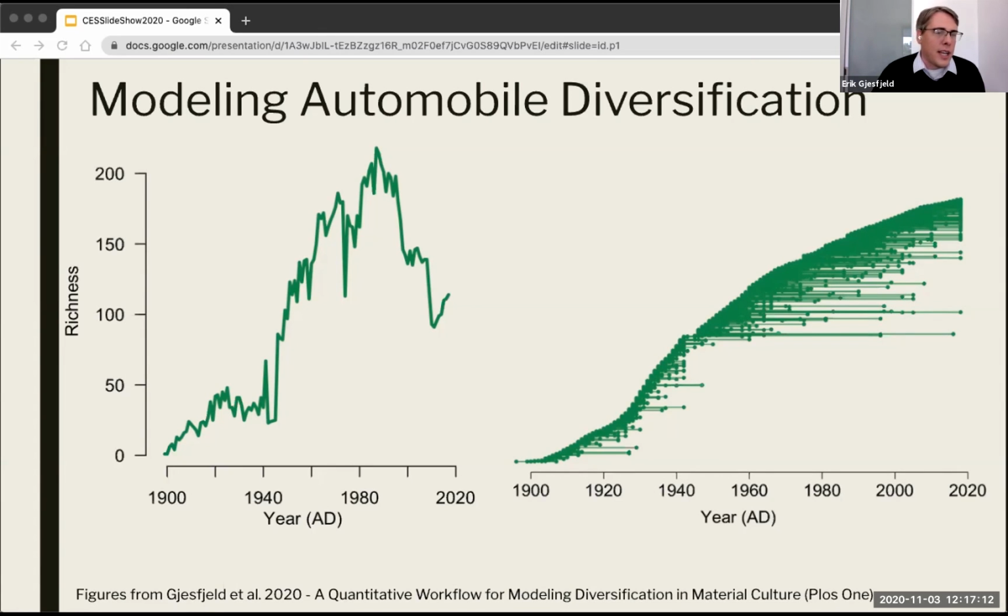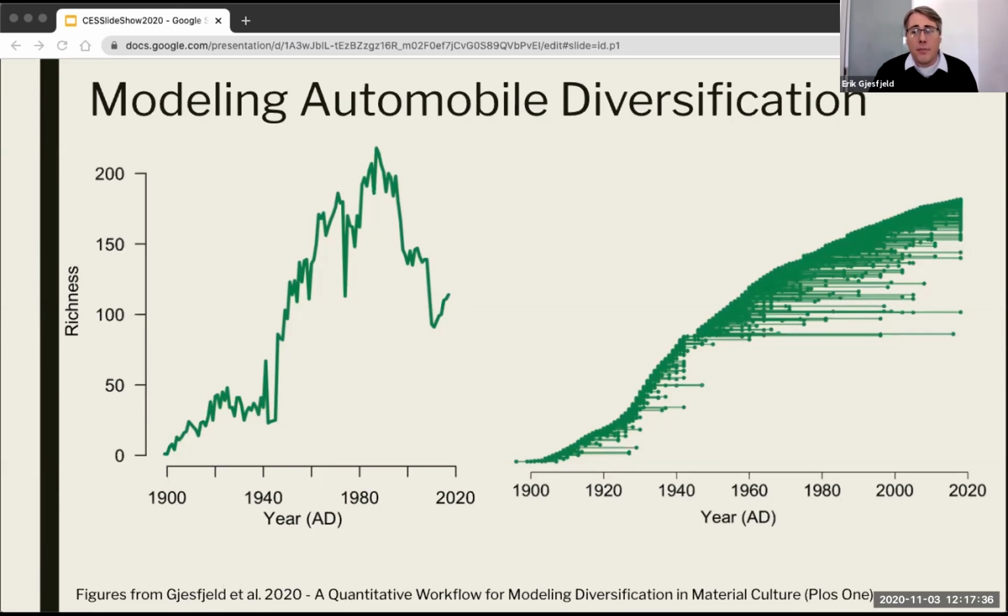So we can see here that looking at just richness, we see a general increase in richness through time, with a very strong increase from just after World War II in the mid-1940s up to the 1980s, after which we see a decline in overall richness until about 2015, 2016.